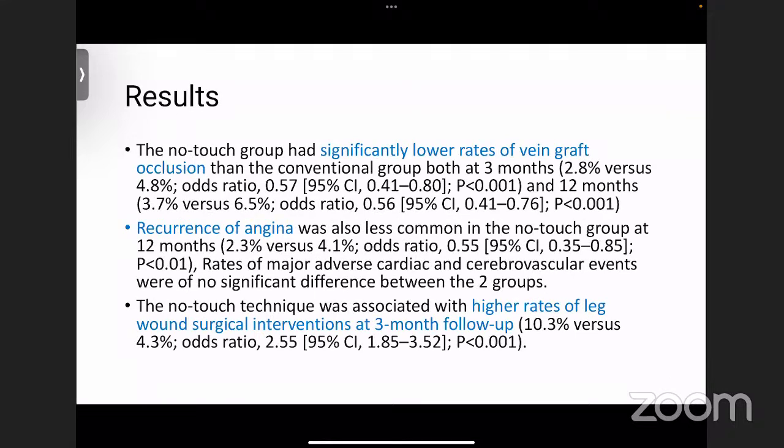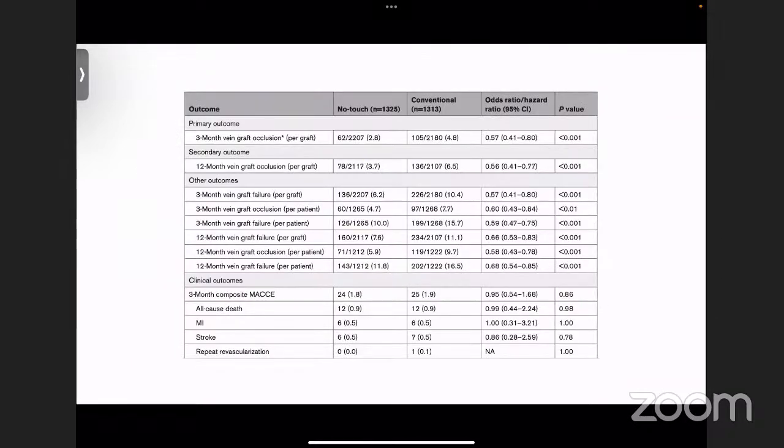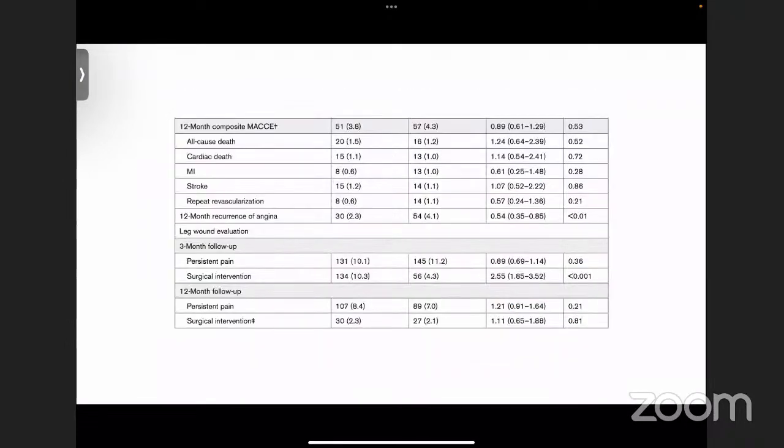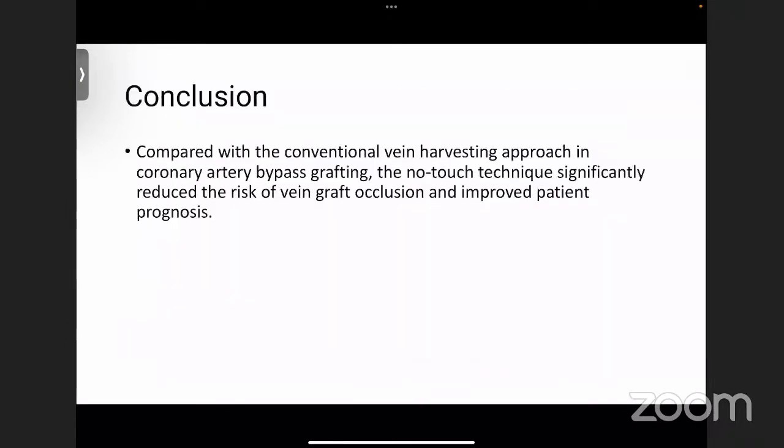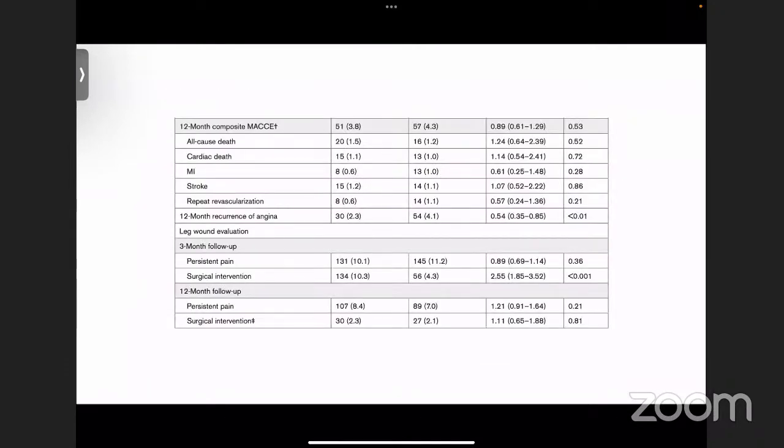I think this one also had recurrence of angina less than the conventional group, and lower rates of occlusion. However, there were higher rates of wound surgical infections at 3 months follow-up, but after a year they were similar. For the sake of time, I'm going to start sliding through. So improved patient quality of life, right?